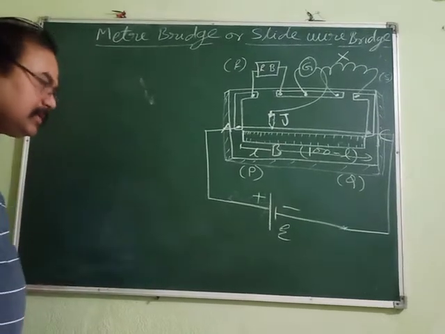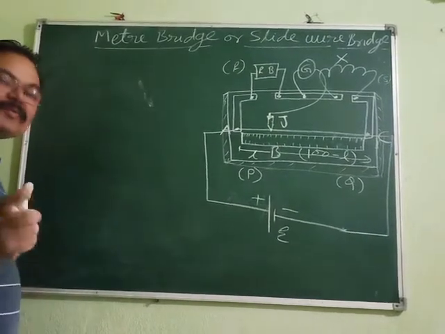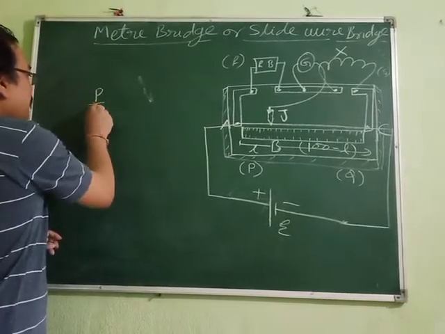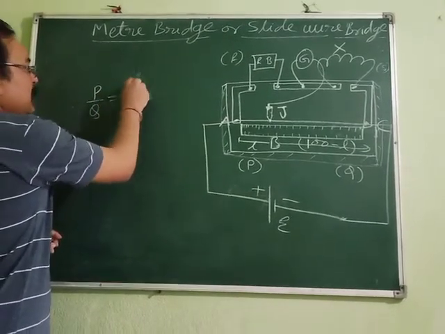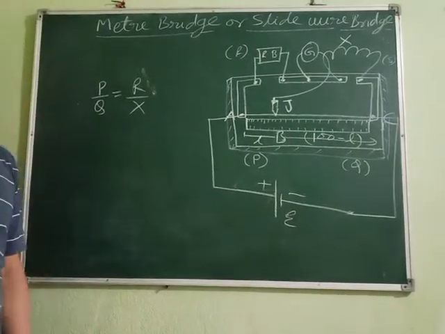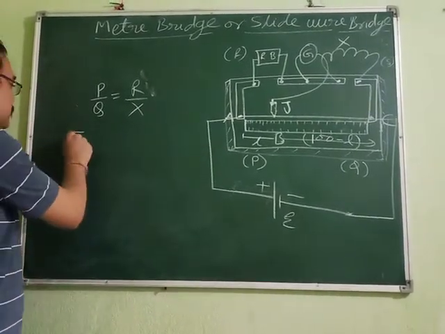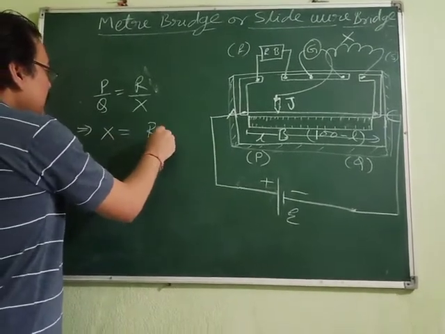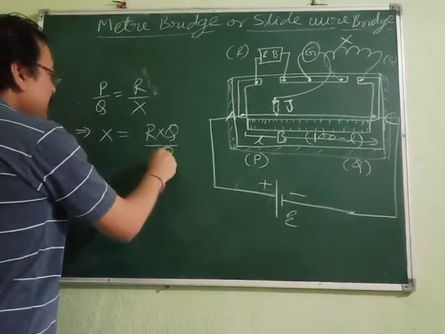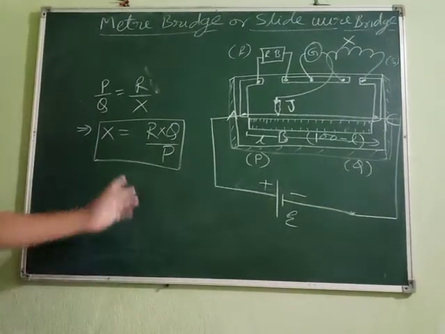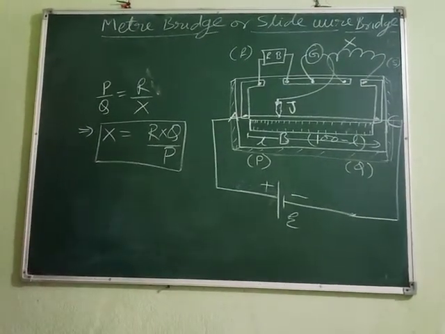That is, when no current is flowing through the galvanometer, then P by Q is equal to R by X. This implies that X is equal to R into Q by P. This formula we can use to find the resistance of the unknown resistor.